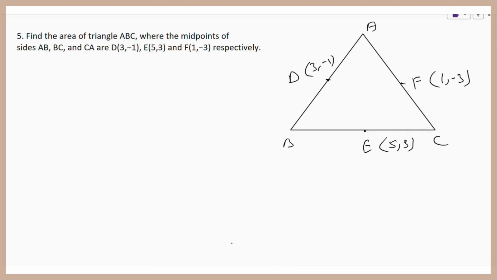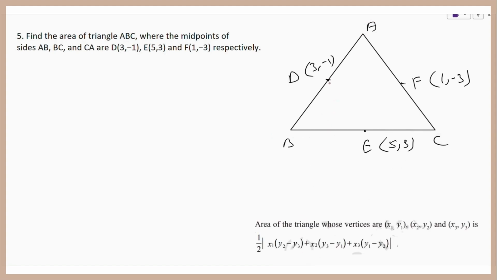But then we have to find the area of triangle ABC. Well, there are two ways we can do it: either first find the coordinates of A, B, C, and then find the area using the formula, or the alternate way could be first finding the area of this triangle. So let me join this. We can find the area of this triangle as we know the coordinates. We know that the line joining the midpoints of the sides of a triangle divides it into 4 triangles, each congruent and equal in area.